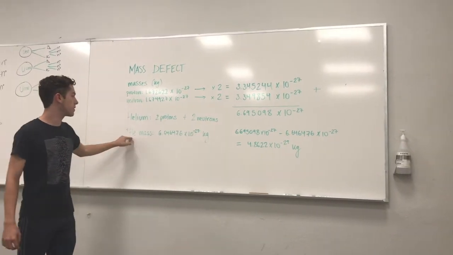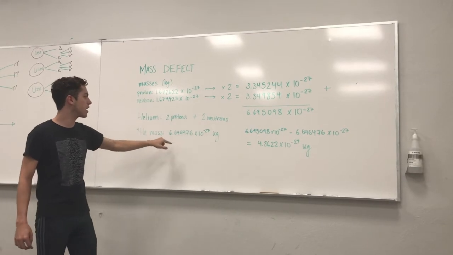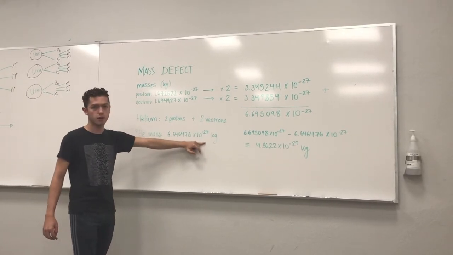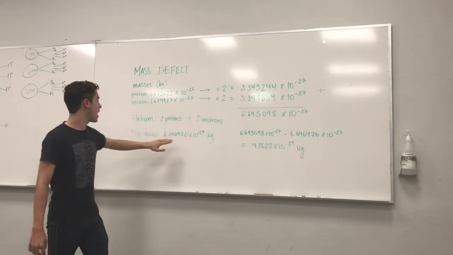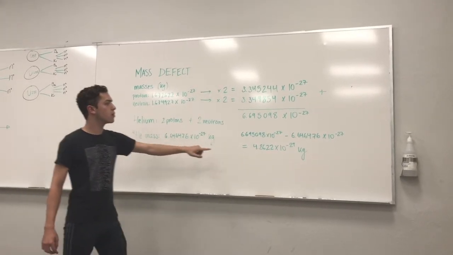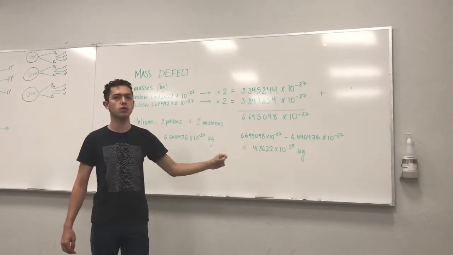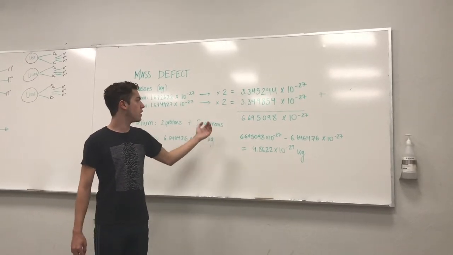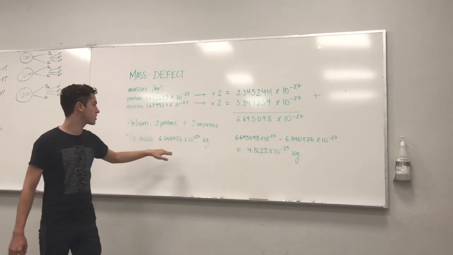And we know that experimentally, the helium mass has been calculated to be this number here. So when we subtract the calculated mass from the actual mass of helium, we get this number here, which is very small but is equivalent to the difference between the sum of its nucleons and the actual value of its mass.